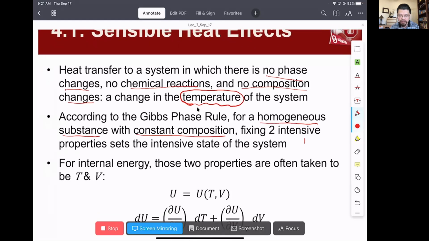The degrees of freedom would be C minus pi plus 2, right? So for a pure substance, that would be 1 minus 1 plus 2, which is 2. As long as we understand those two control parameters, we should understand the state of the system.